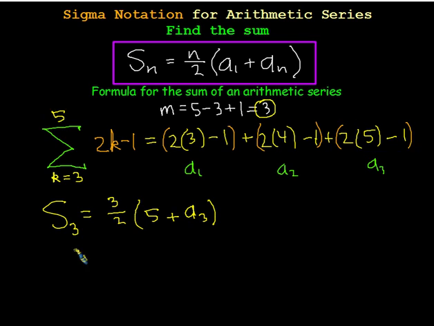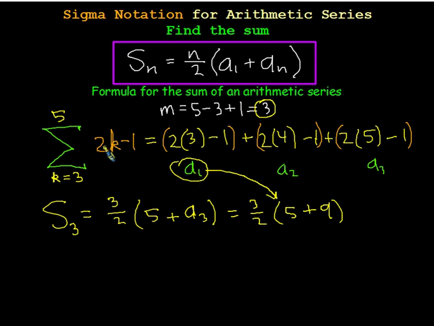So let's take a look and see what we can do here. This will be equal to 3 divided by 2 times 5 plus a sub 3, which is 10 minus 1, or 9. So to get the 5, we're always going to use a sub 1. That'll always get us the 5.